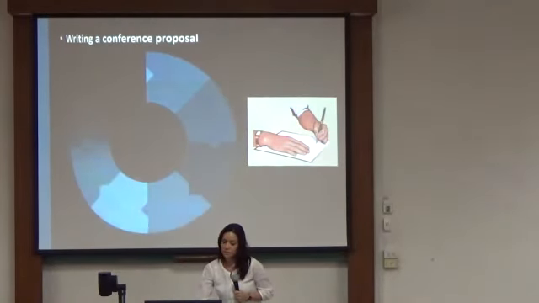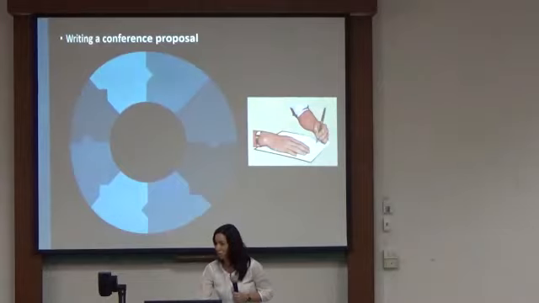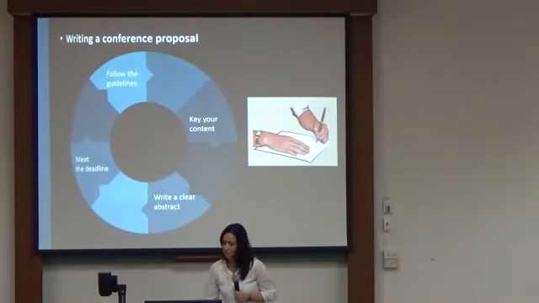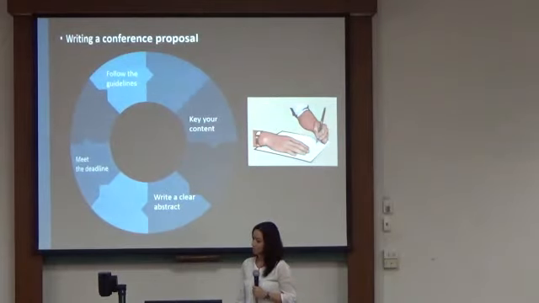So how will we write a conference proposal? You already know how to write it, but look at it. You have to follow the guidelines. For example, for this conference format, you have a format, and you have to use that format. For example, is it A4 paper, or is it single column or 2 columns, or you have to check the font that you are using.